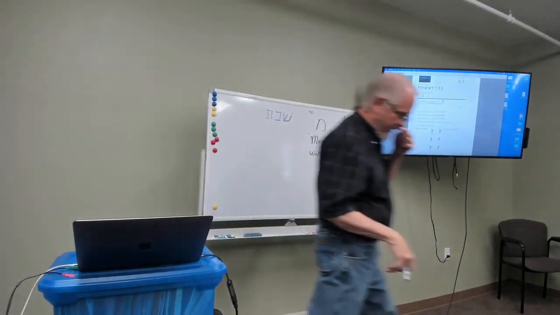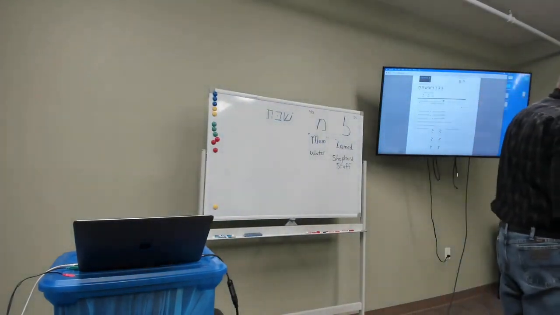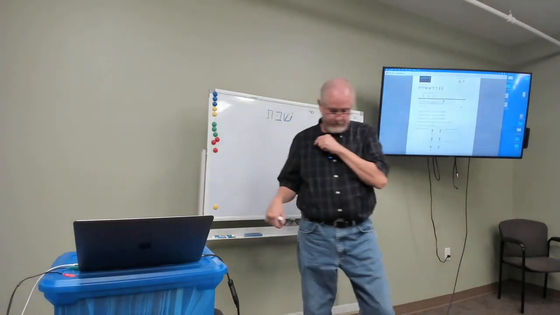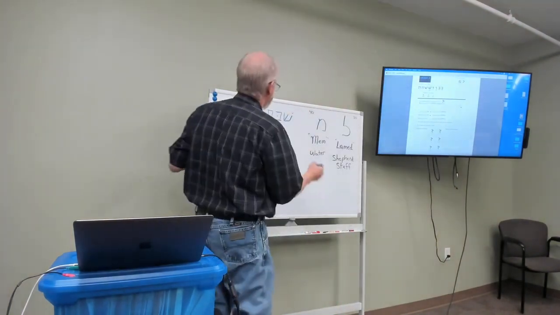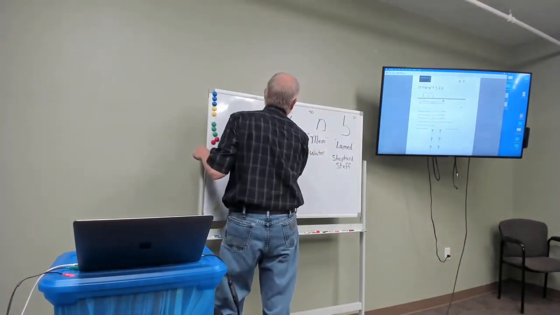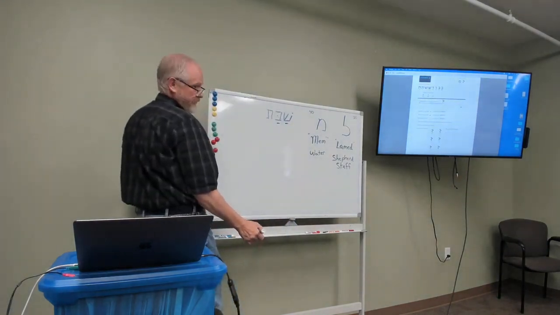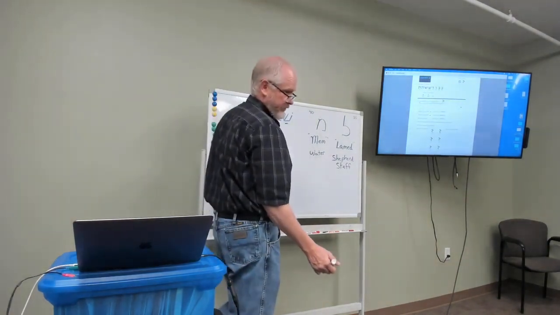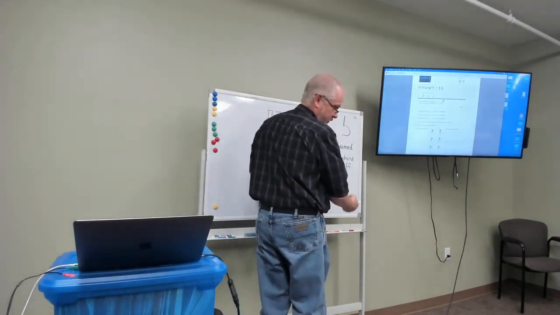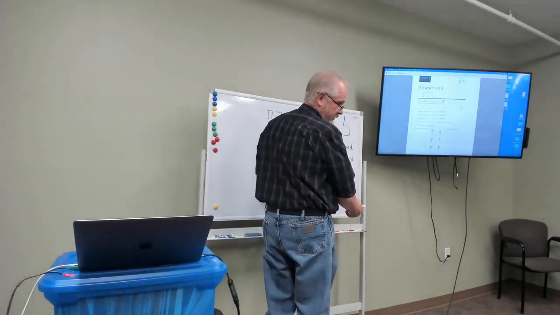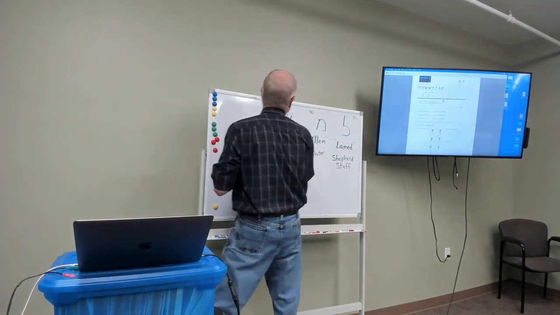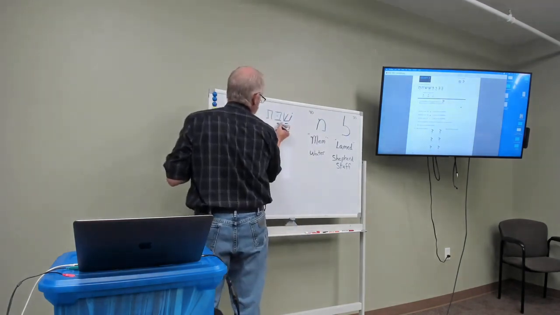Shabbat, what vowels did it have under it? So you've got the patak or the kamats? We could even just do this. One was on the line, and then the next one was the T sound. So this is what they call the patak, and this is the kamats.